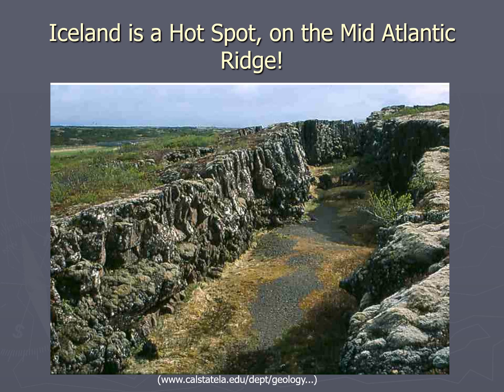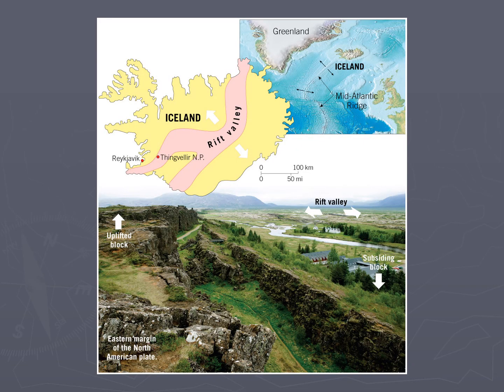Here, this might look like a dried stream channel. It is not. This is just a skinny part of the rift zone in Iceland. Notice the nice dark rock there, basalt. So this is a nice image. You've got a drawing there of Iceland. So basically, if you go to Iceland, you're standing on the Mid-Atlantic Ridge.